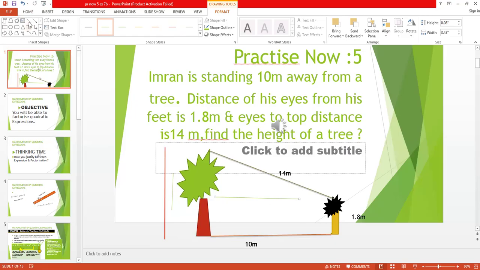Look front. Here I put a line. Just remove it. 1 minute.